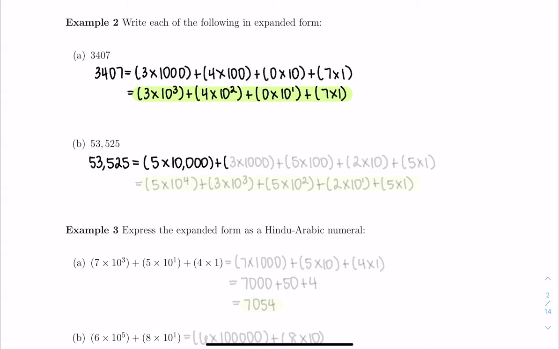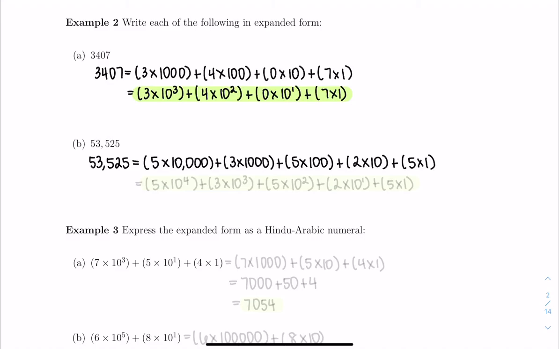What about the 3 that follows it? That's the thousands place. That second 5, that's in the hundreds place. The 2 is in the tens place. And that 5 that's to the right is in the ones place.